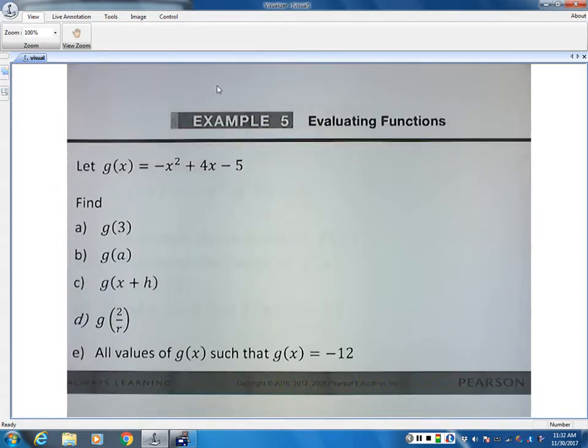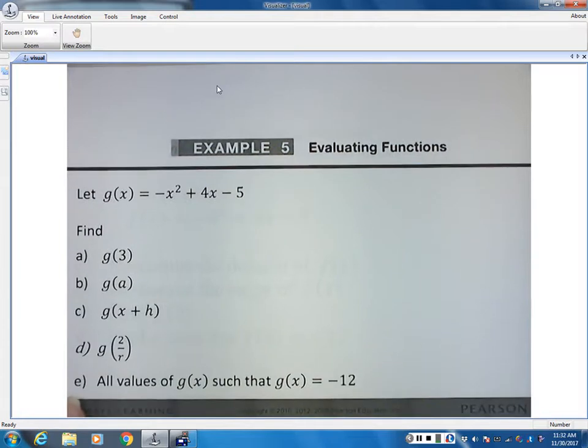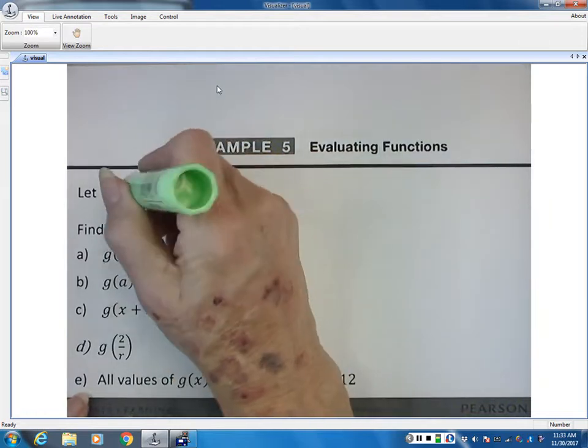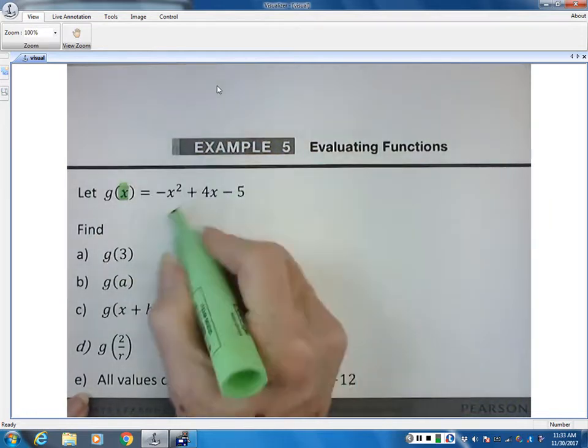Now we're going to talk about the best way to evaluate functions. When we evaluate functions, what we are saying is take whatever is in the parentheses and put it into the function.